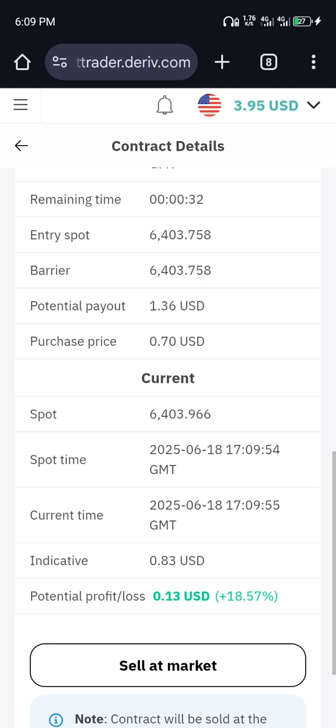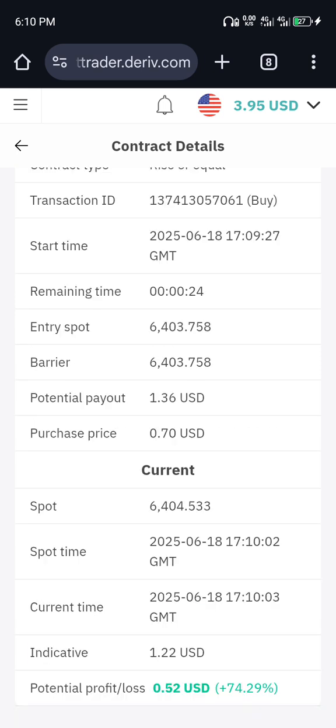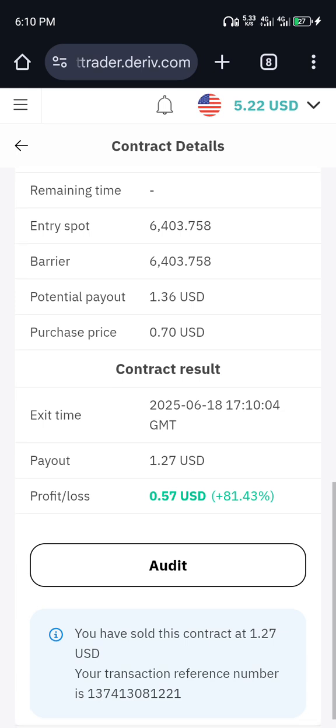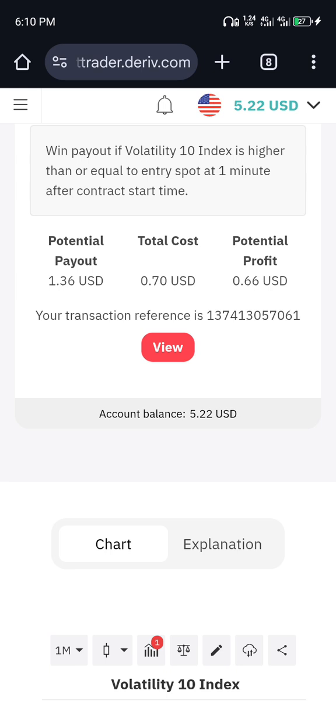You also check your countdown. Okay. All right. I close the trade because it's up to my take profit, which is 50 cents. This is 57 cents, and you see the profit reflecting in my account balance.